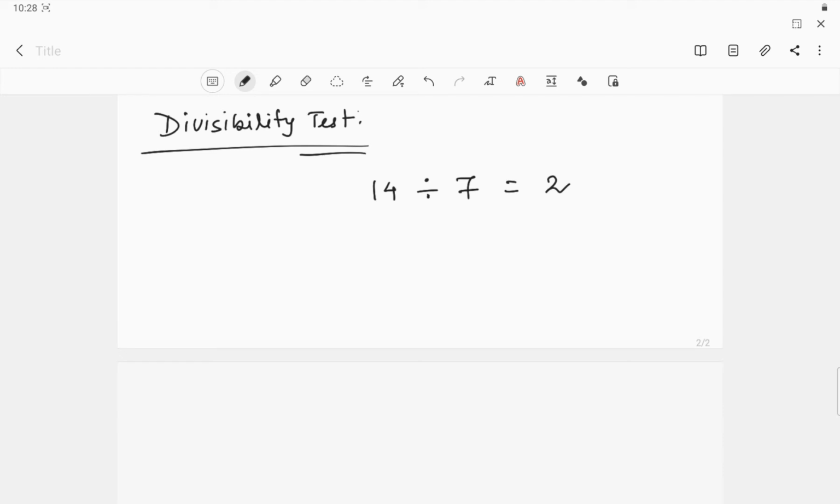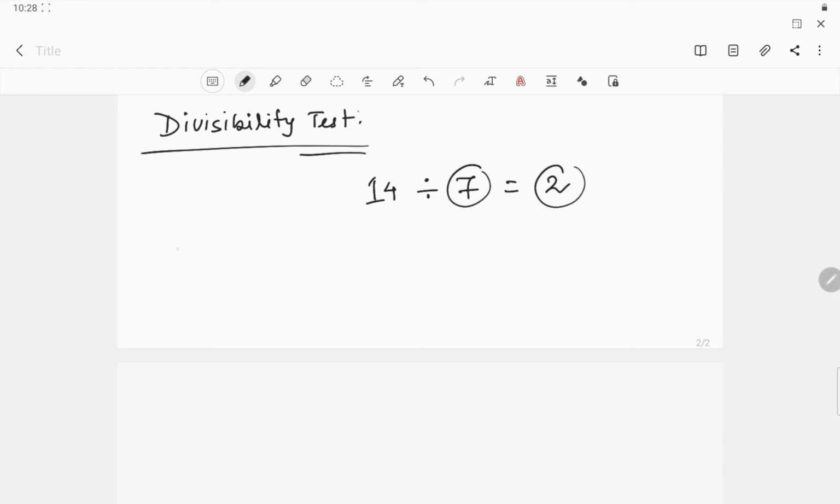That means 14 is completely divisible by 7. Now you can say, by the divisibility test, 7 is a factor of 14. 2 is also a factor of 14. If a number is completely divisible by another number, then the smaller number will be a factor of the bigger number.